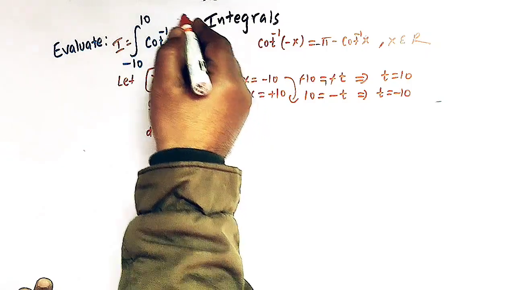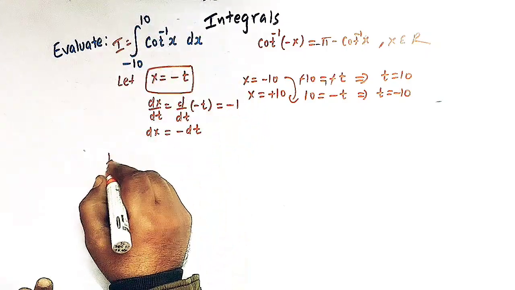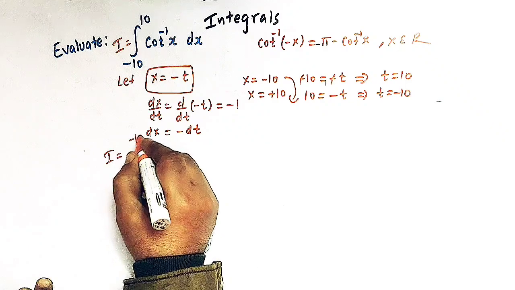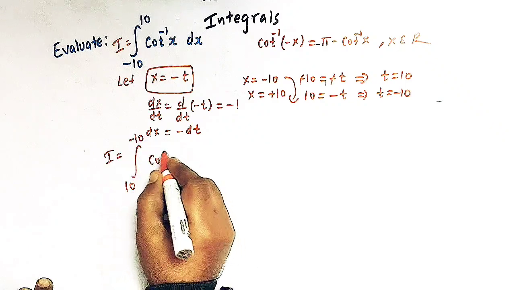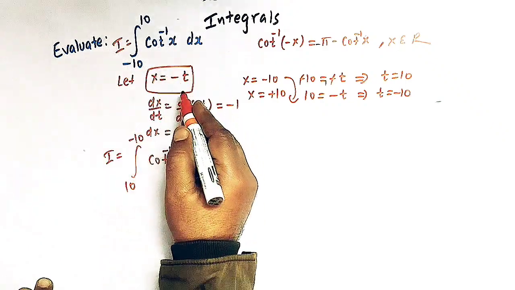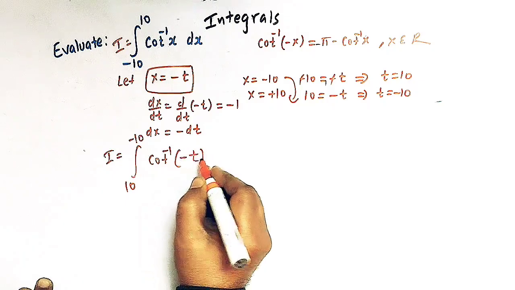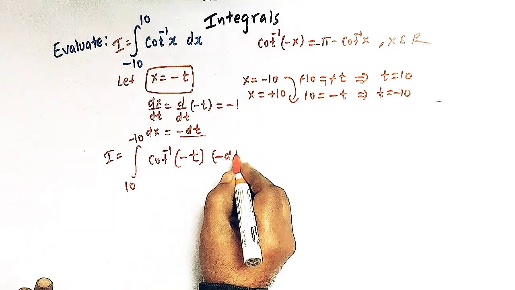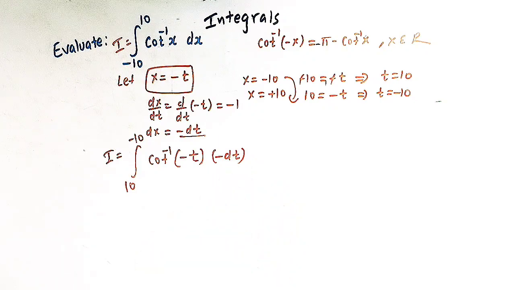So let us now write this integral I in terms of t. So we have here 10 to minus 10, and cot inverse of x is minus t, and for dx we can now write here minus dt.